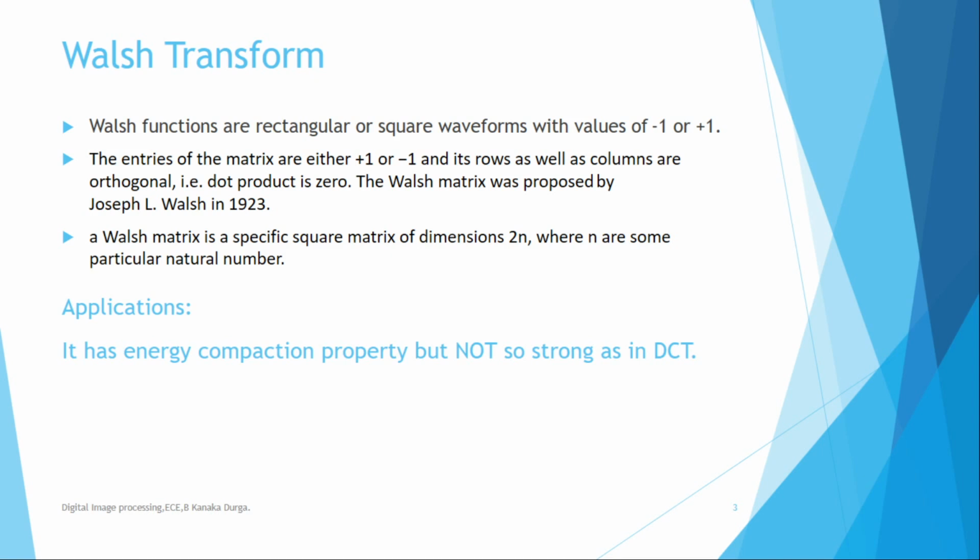We have to know first what a basis function is. A basis function is a function used to represent another function. Simple example: let us consider a function f of x. I am representing it in such a way that f of x is equivalent to x of t plus c, nothing but a constant.